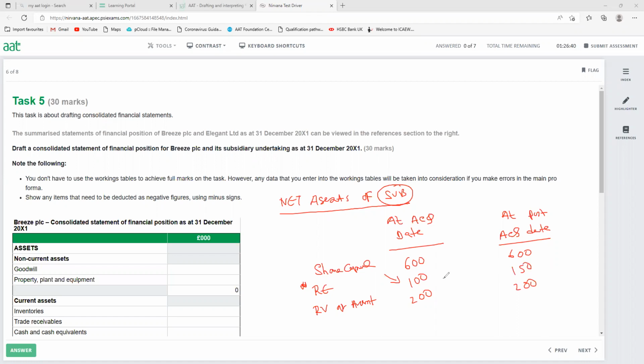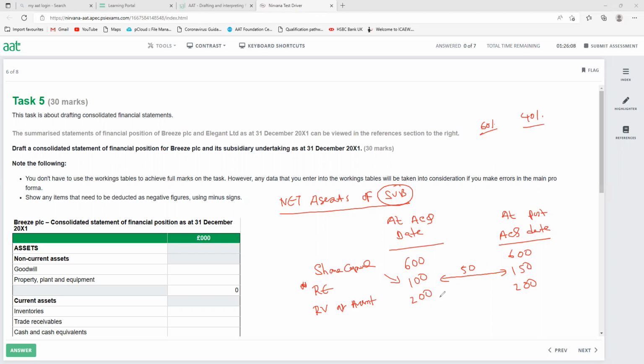That means within the year, I make £50 profit. The day I bought it was 100, now 150. That means together we increased £50. And in this £50, obviously the ratio is 60% and 40%. That means any profit, the parent will take 60% and the subsidiary will take 40%.